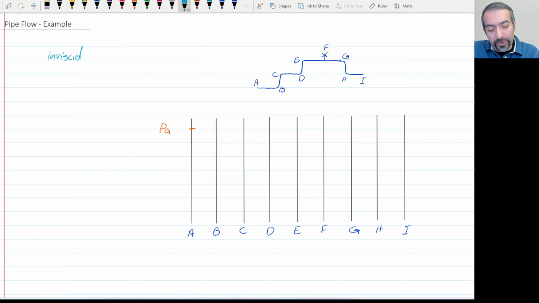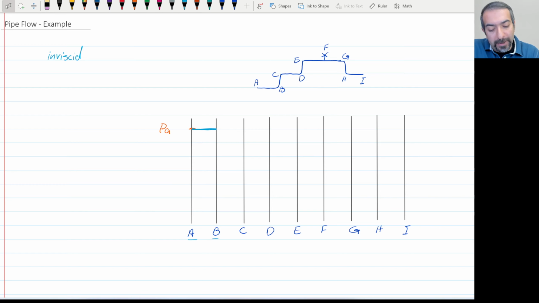So going from point A to point B, if it's inviscid, it's a straight pipe, so there's not going to be any pressure drop. Going from B to C, there's going to be a pressure drop, right? Because you go from a lower height to a higher height, so you need to push the water. Pressure at the bottom is rho g h, and as you go up, you lose pressure.